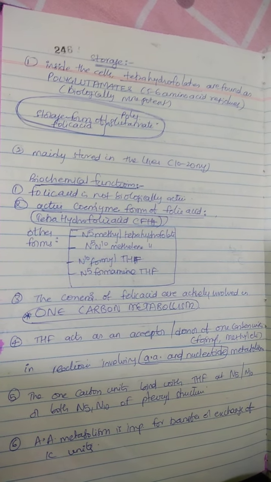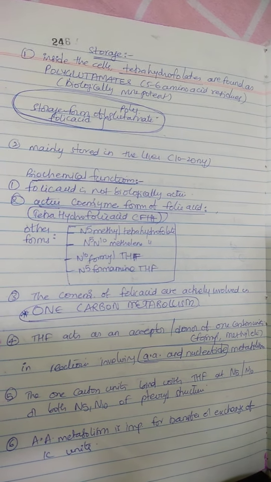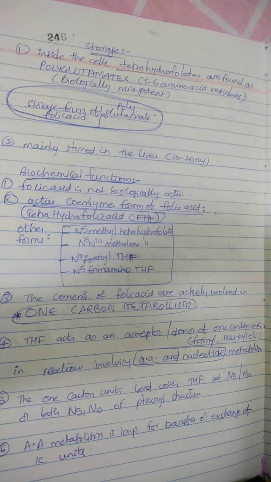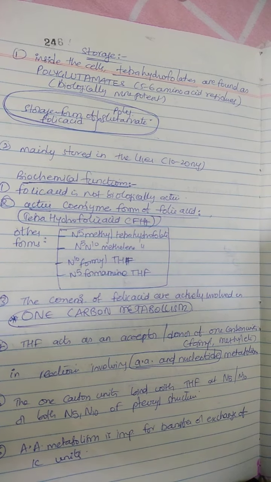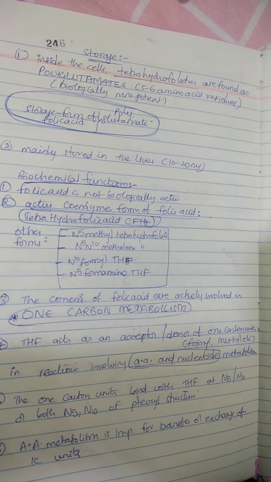So the biochemical function of folic acid includes: folic acid is as such not biologically active, and the active coenzyme form is tetrahydrofolate. Other forms include N5-methyl tetrahydrofolate, N5,N10-methylene tetrahydrofolate, N10-formyl tetrahydrofolate, and N5-formimino tetrahydrofolate.